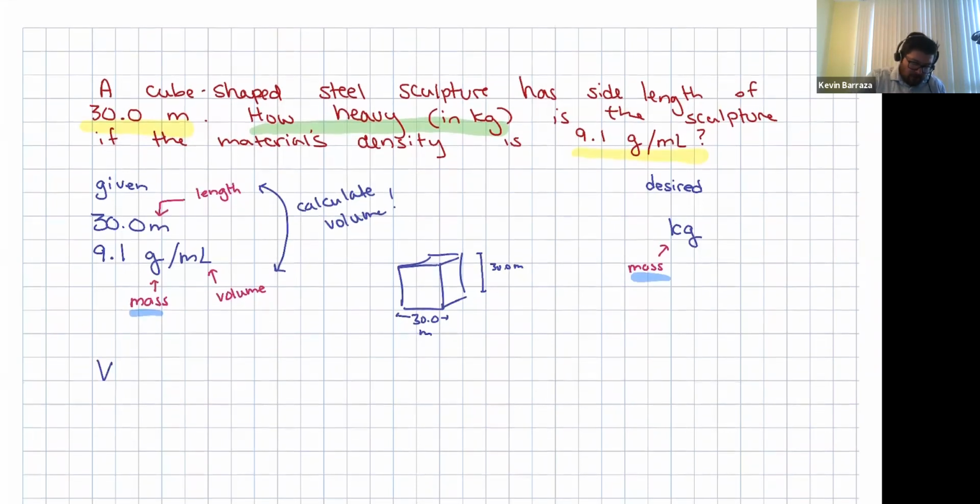So the volume of a cube is the side length cubed. So what does that come out to? That's going to be 9 times 10 to the, oh no, it's 2.7 times 10.